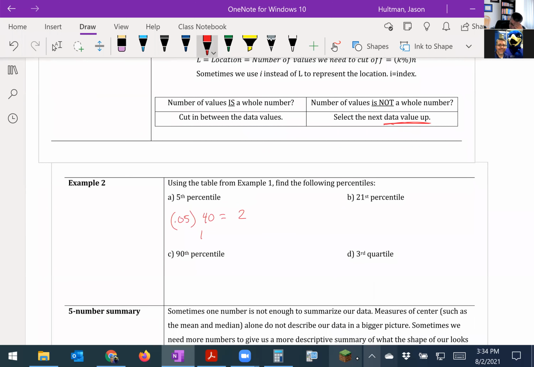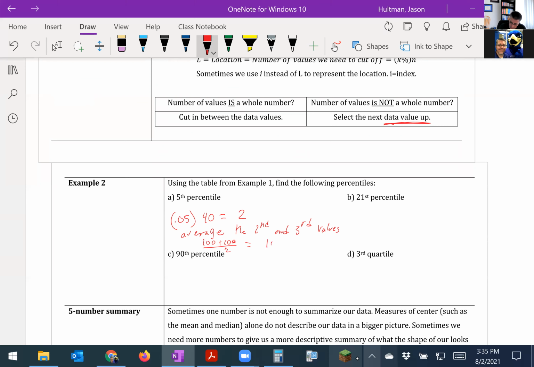Okay, that's how we would get our 5th percentile. We would average the second and third values. So that's 100 plus 100 over 2. The second value is 100, the third value is 100, and we divide that by 2.